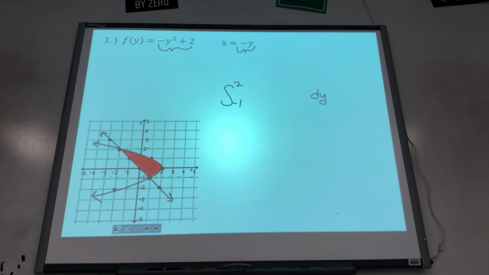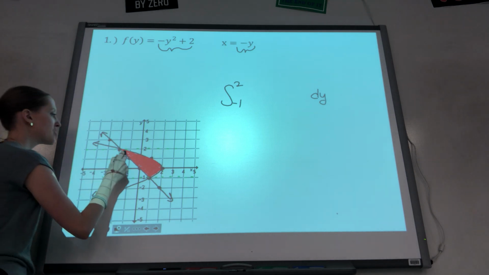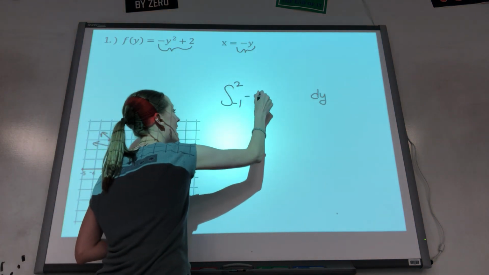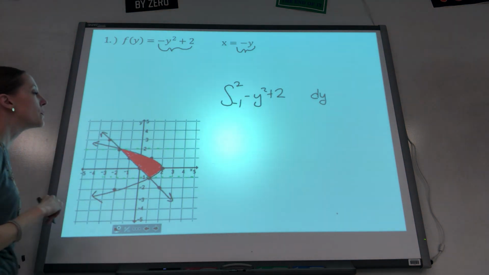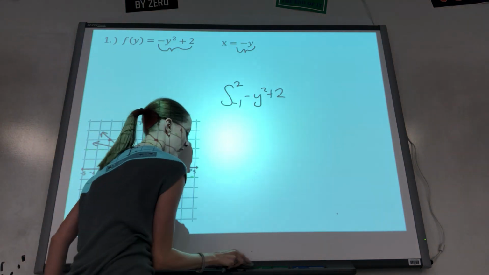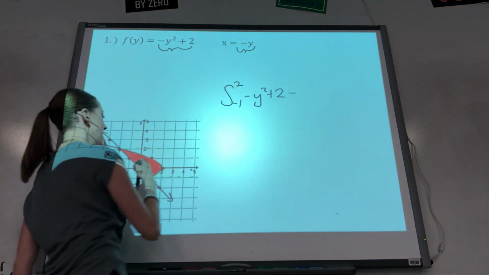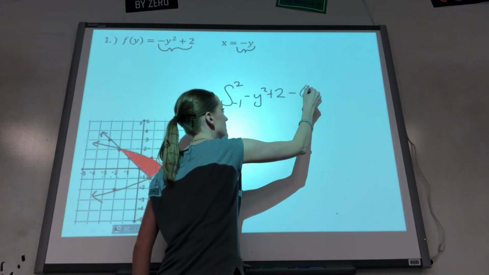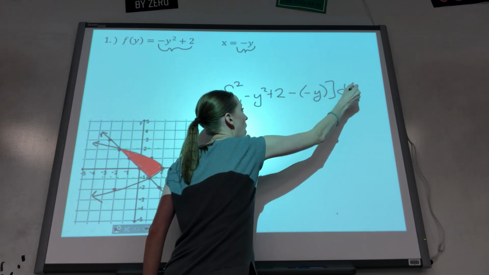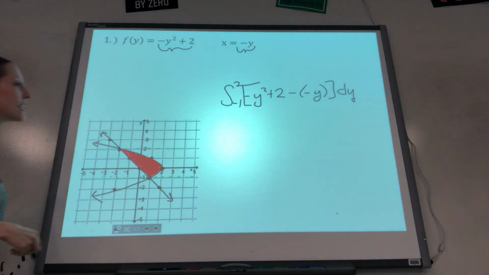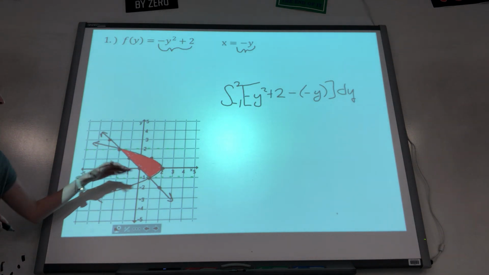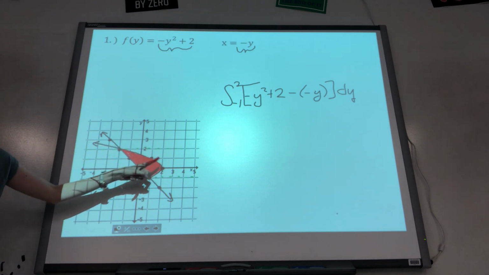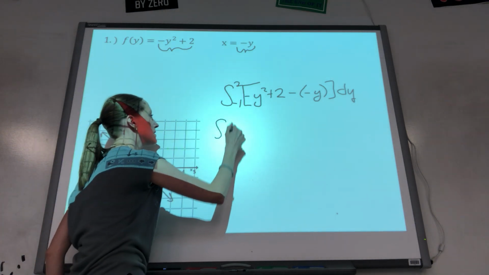It has to be function on the right, which in this case was the curved function that is -y² + 2, minus the function on the left side of your shaded region that was -y. So again, I'm setting it up just based on y's. This is lower bound, this is upper bound, and now it's function on the right minus function on the left.